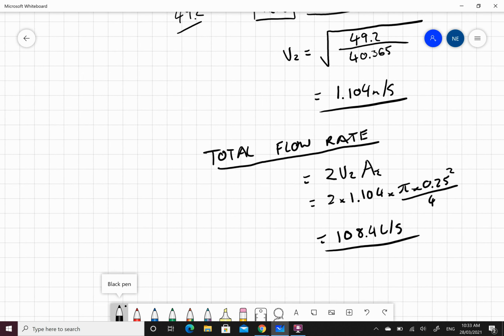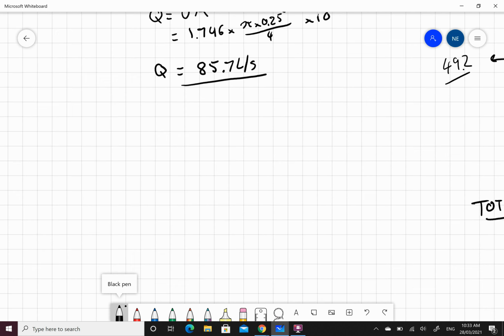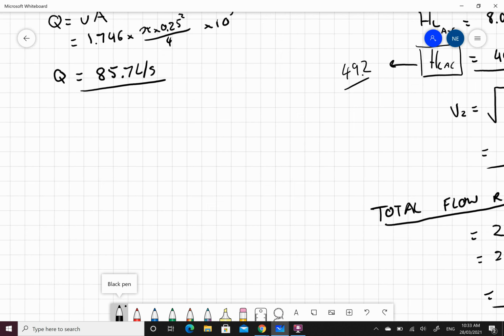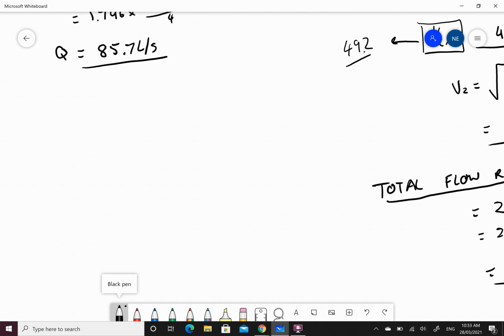So that's my total flow rate due to the parallel pipes, because I've worked out my new flow between the 2. Now, this is the original one without the parallel pipes. So what I can see is therefore my increase is equal to my total flow with parallel pipes.